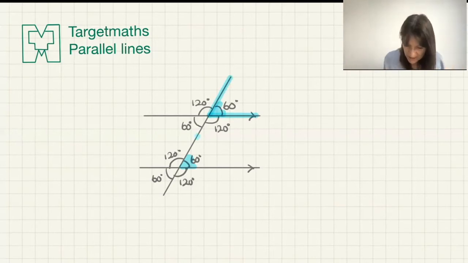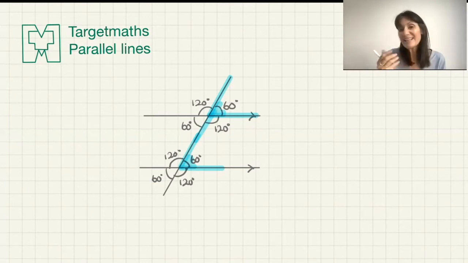If I do the same here and really highlight the angle I'm looking at, you can start to see a letter appear. When I join them up, that is a capital F, not a small t. It's a capital F that's kind of upside down on itself.